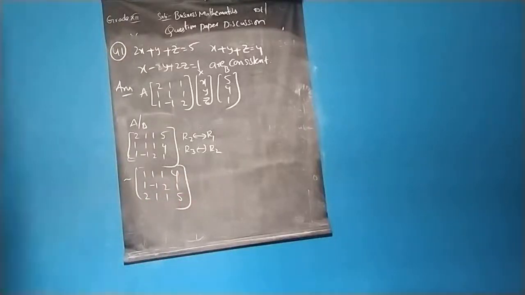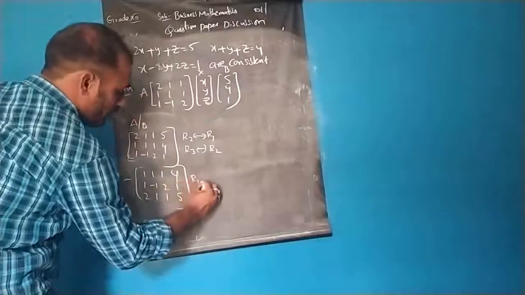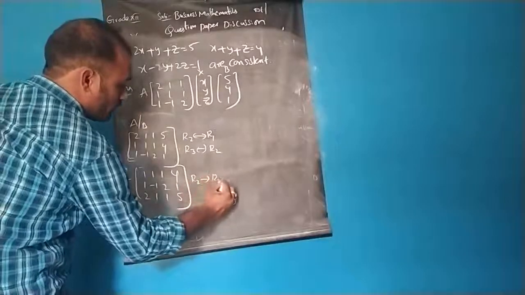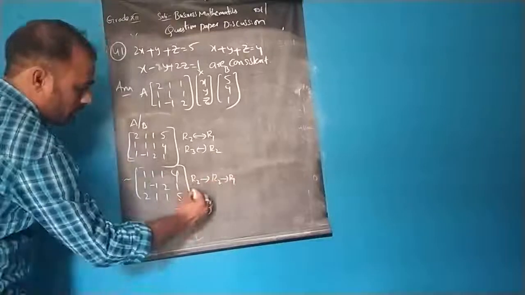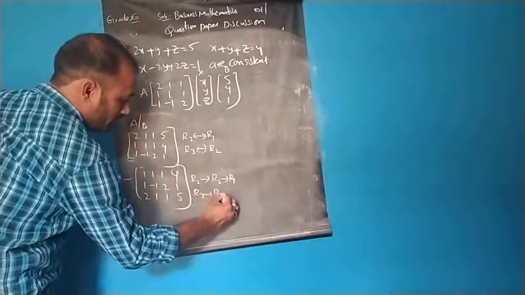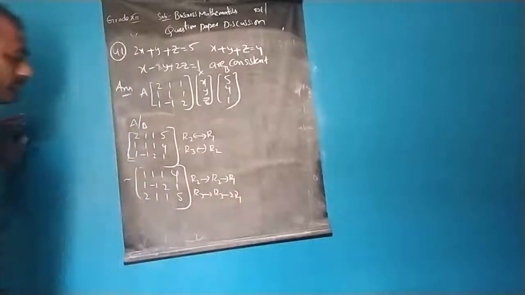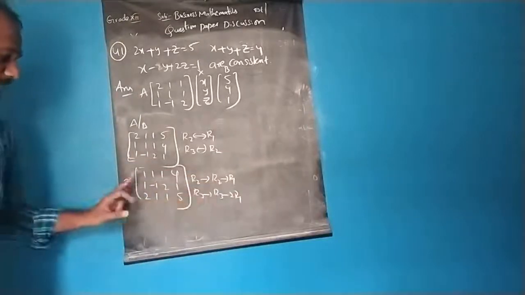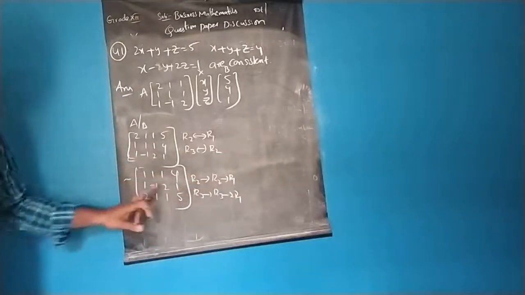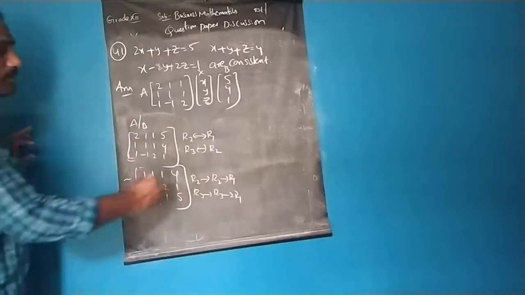Now in this, R2 becomes R2 minus R1, and R3 becomes R3 minus 2R1. Why are we applying it like this? We will get 0. Why? Because 1 minus 1 is 0 and 2 minus 2 will be 0. So let me write here.